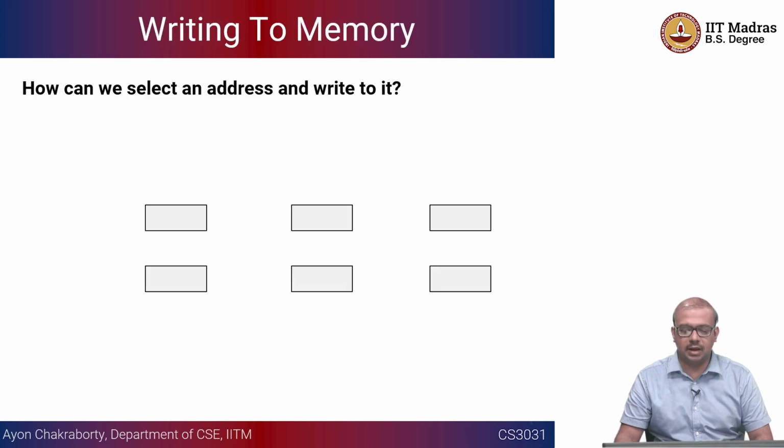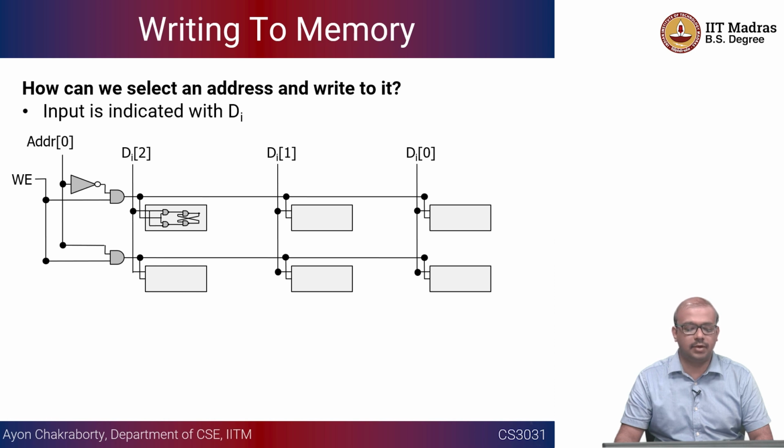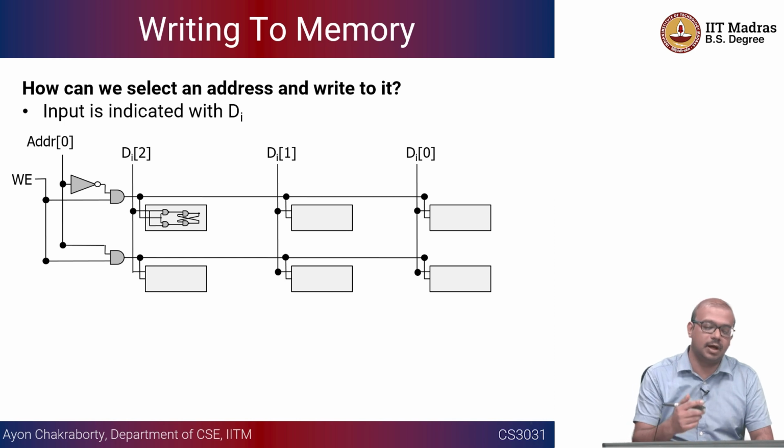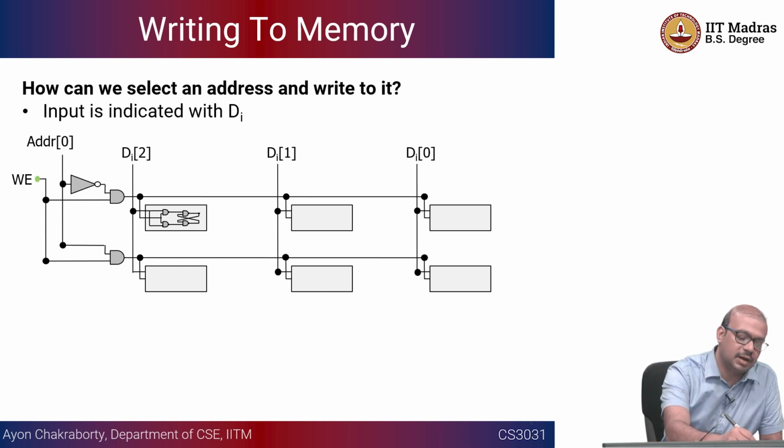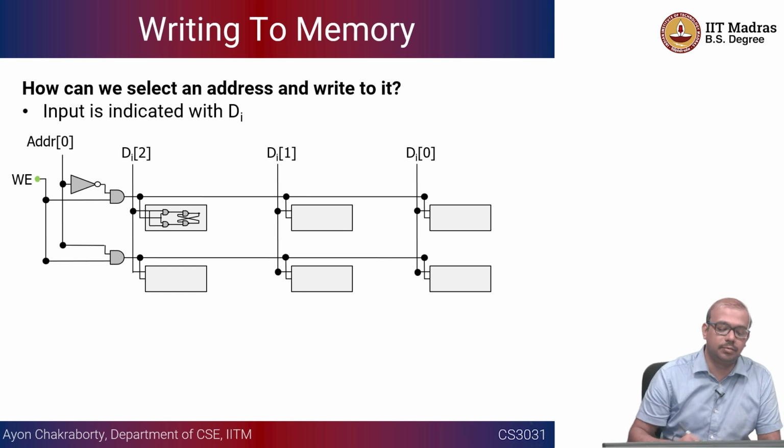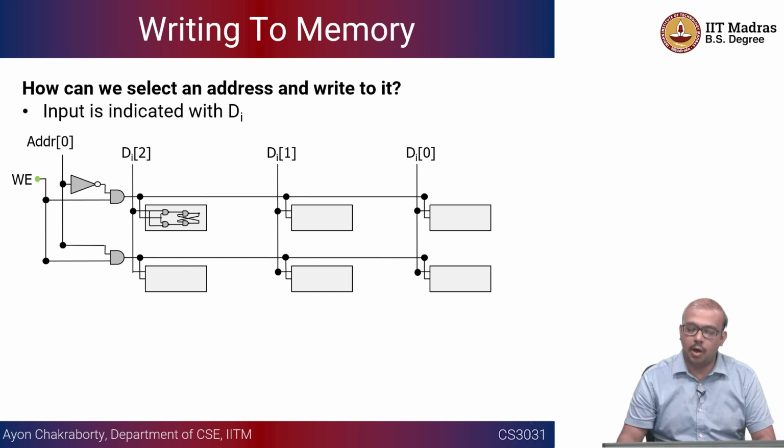Writing is also very similar. You have to have this write enable, right? Because earlier we were just simply issuing the address and we were able to read from it. But currently we are trying to write. So apart from just the address, we also want to have a write enable signal. This write enable signal is also going to be considered along with the address.